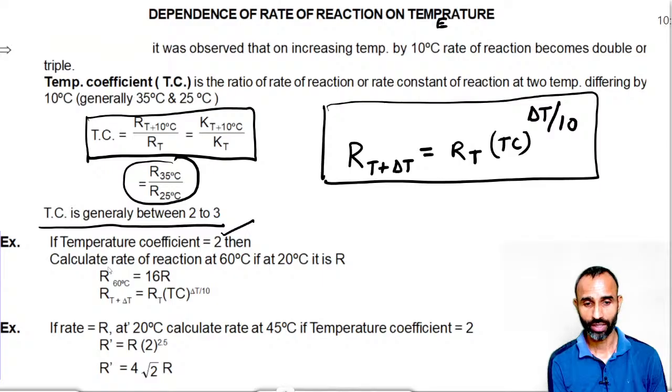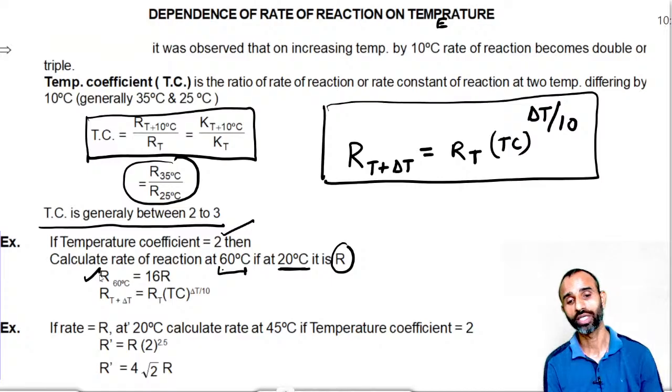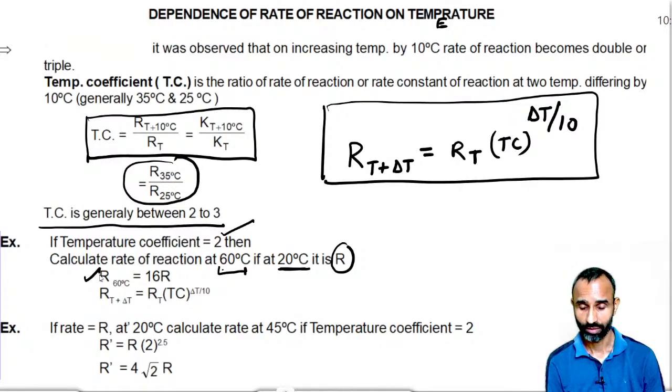Let us say rate of reaction at 20 degrees Celsius is R. What is the rate of reaction at 60 degrees Celsius? So the rate of reaction at 60 degrees Celsius is equal to 16R. How do we calculate?